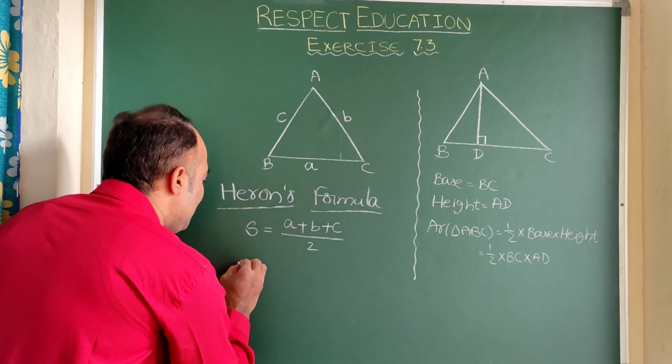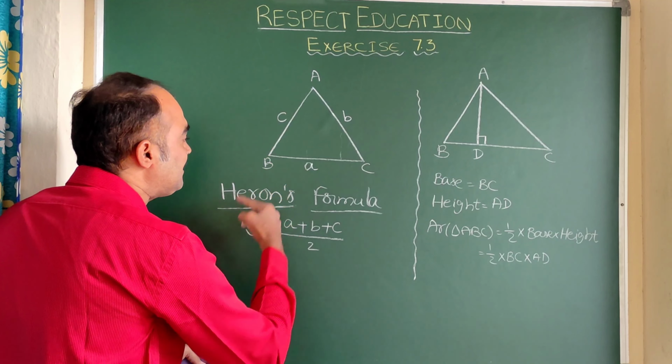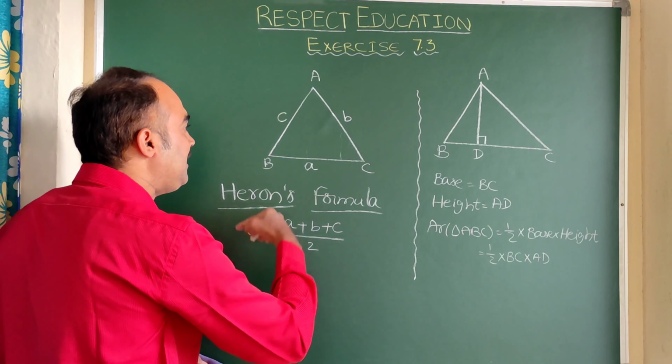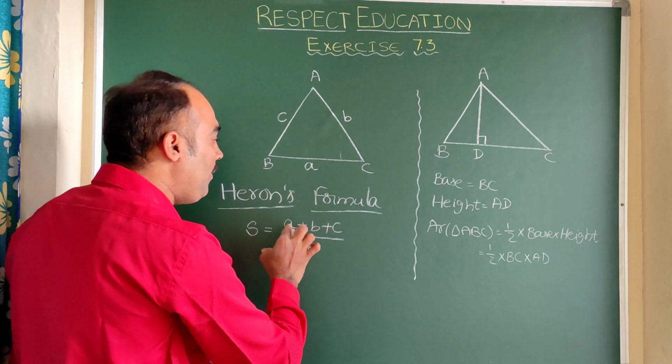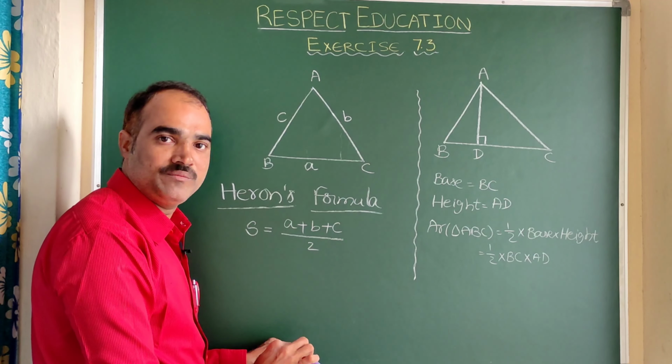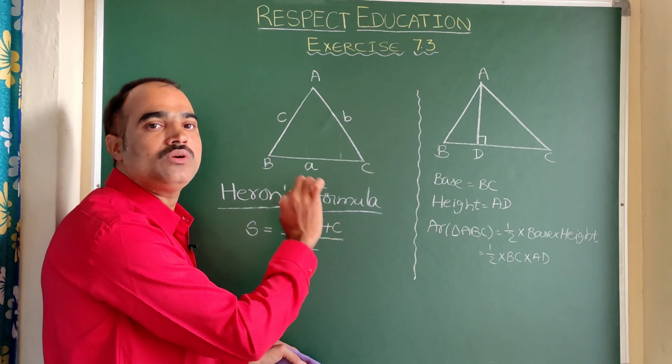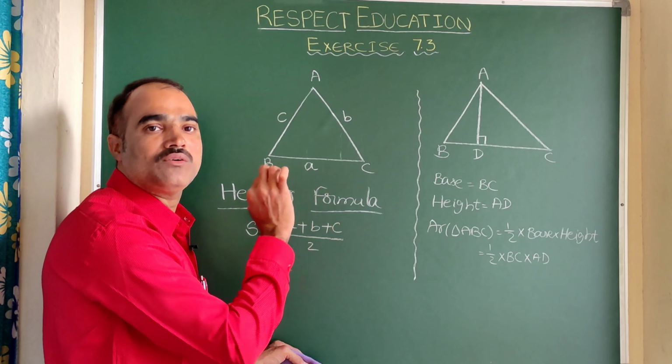After this you have to find s minus a, s minus b and s minus c. If you multiply all the values and take the square root of that particular value, that is the area of this particular triangle ABC.